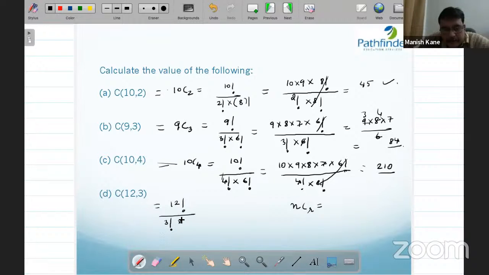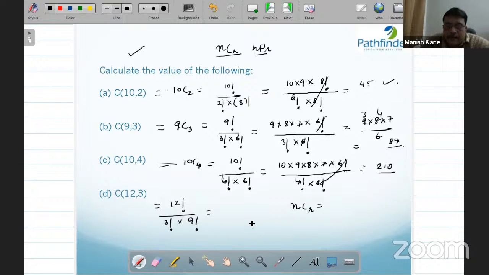In our routine class, for non-engineers, we cover this. We spend a session on calculating NCR and NPR and factorials. But in a demo class, I cannot afford that kind of time.